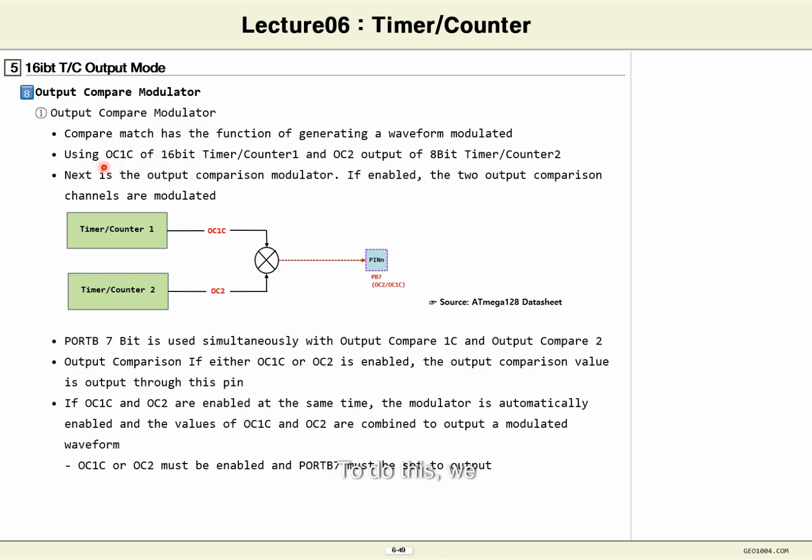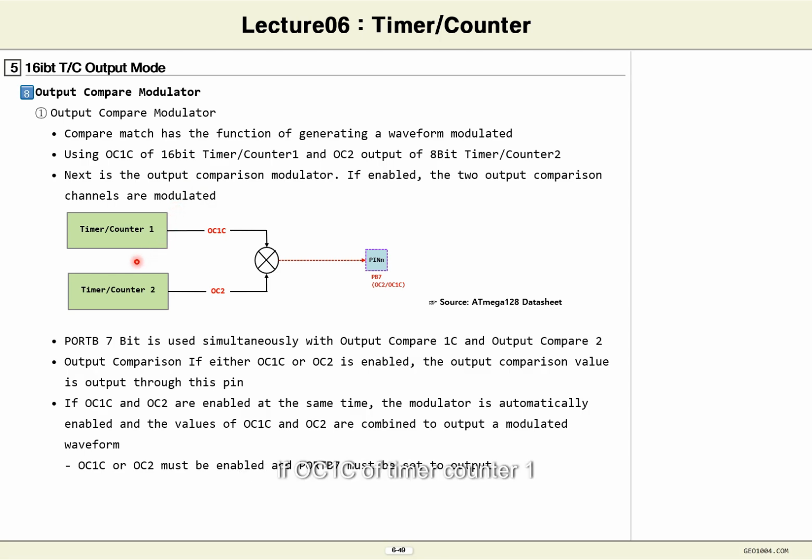To do this, we use the output pins of OC1C, timer counter 1, which is a 16-bit timer counter, and OC2, which is an 8-bit timer counter. For output comparison modulation, if activated, 2 output comparison channels will be modulated.